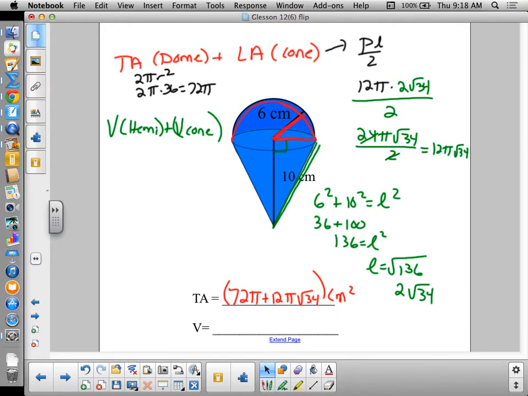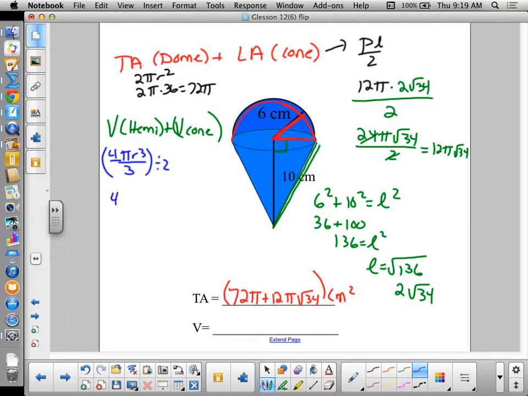My volume now would be pretty simple. Find the volume of the hemisphere. Well, it's 4/3, or 4 pi r cubed over 3, and then we're going to divide that by 2 because it's half a sphere.